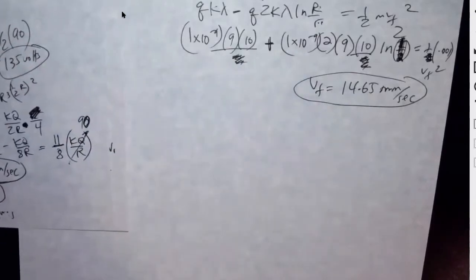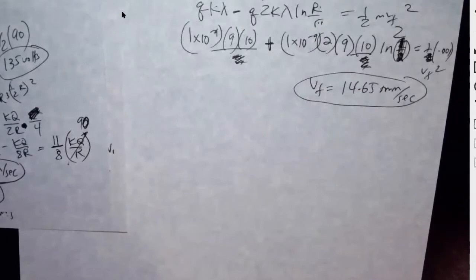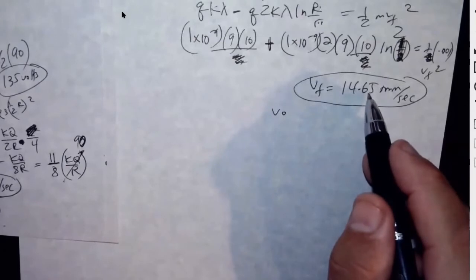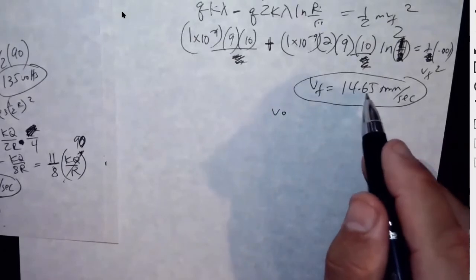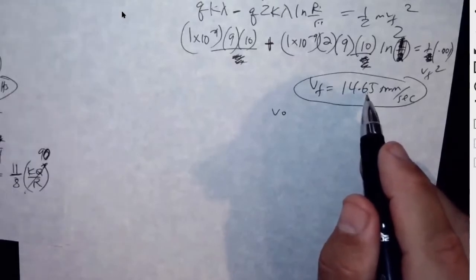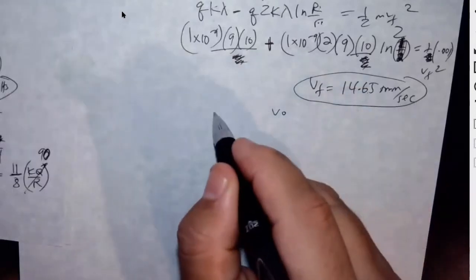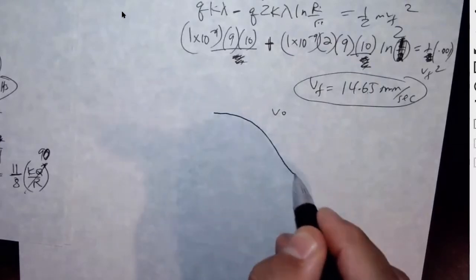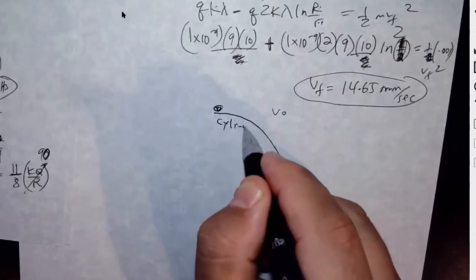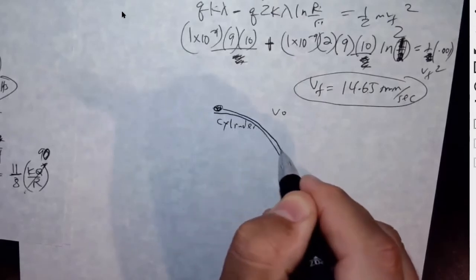So okay, what does that mean? The fact that the velocity is faster, what does that mean? Oh, that means the hill dropped quicker for the cylinder, right? Yeah, the voltage dropped quicker for a cylinder.